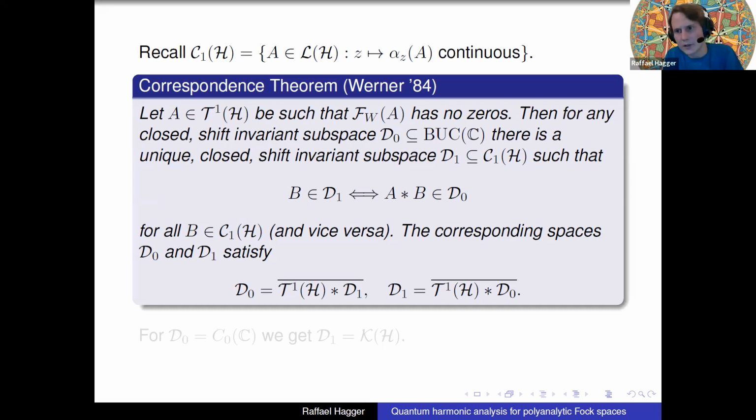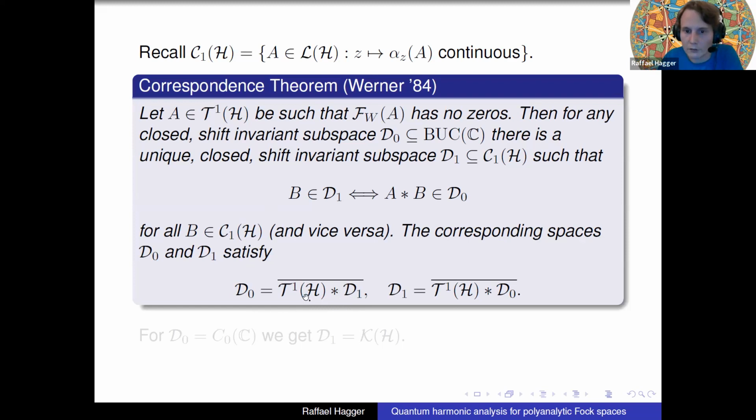So you have a one-to-one correspondence between closed shift invariant subspaces of this BUC and closed shift invariant subspaces on the operator side. So you have a one-to-one correspondence between function spaces and spaces of operators. Moreover, you can show that you can always get back and forth by convolving with all these trace class operators and taking the operator norm closure.